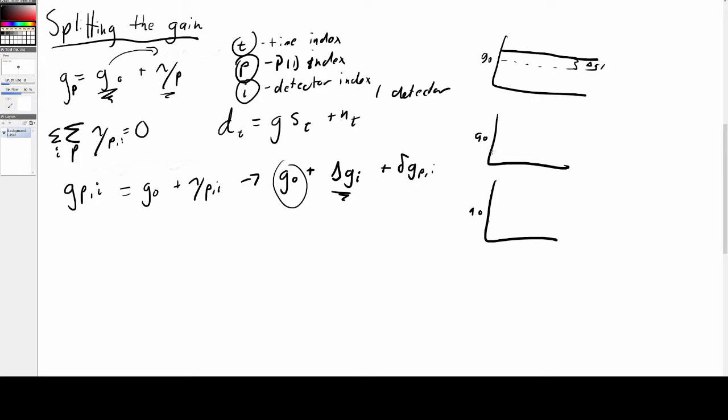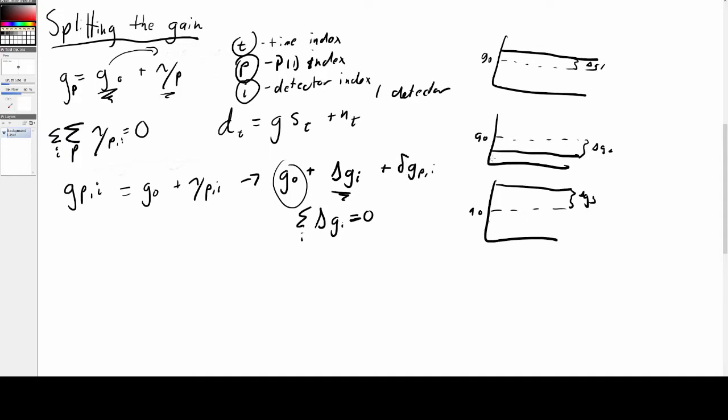And maybe for the second detector, we have this thing be delta G2, and so on, delta G3. And again, we now enforce this constraint right here. Or we have to make sure that when we sample, this thing is enforced.